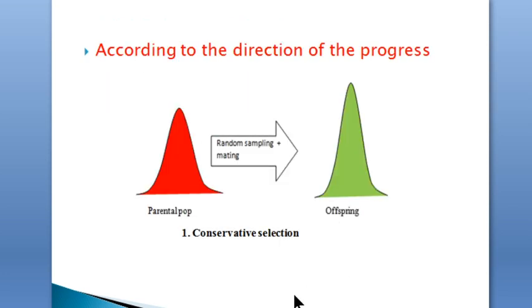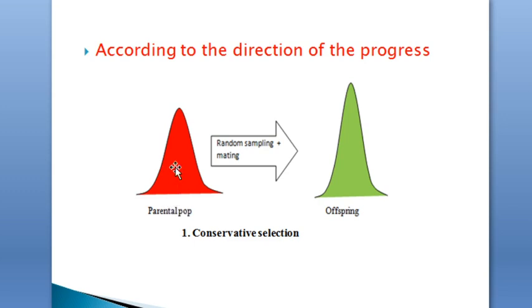For the second case, according to the direction, there are three situations. The first is conservative selection. Conservative selection is used to preserve a population, to preserve genetic purity, and in this case the breeding system is a closed nucleus breeding system whereby there is isolation from other populations.